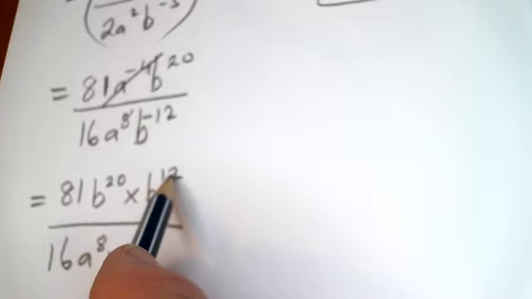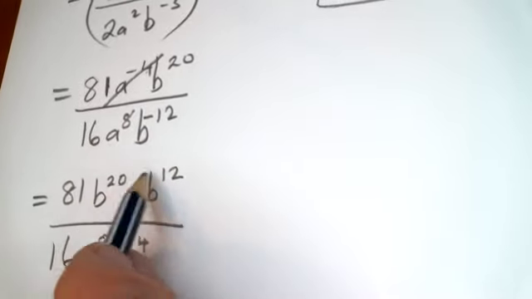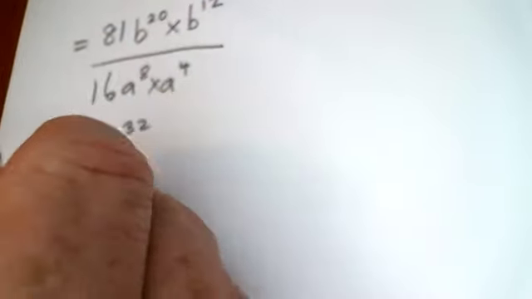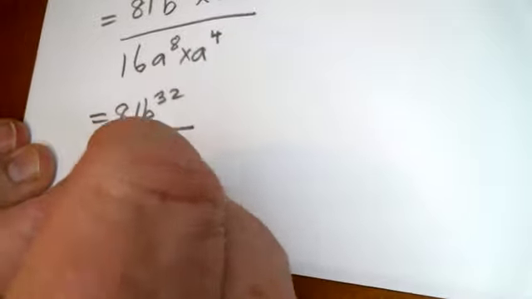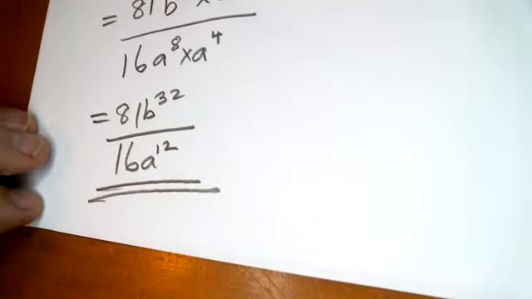And because I move it to the other part of the vinculum, it becomes positive. So now these become positive. Let's see where we land. I've got 81, b, 20 and 12 is 32, all over 16, a, 8 and 4 is 12. And there is my solution.